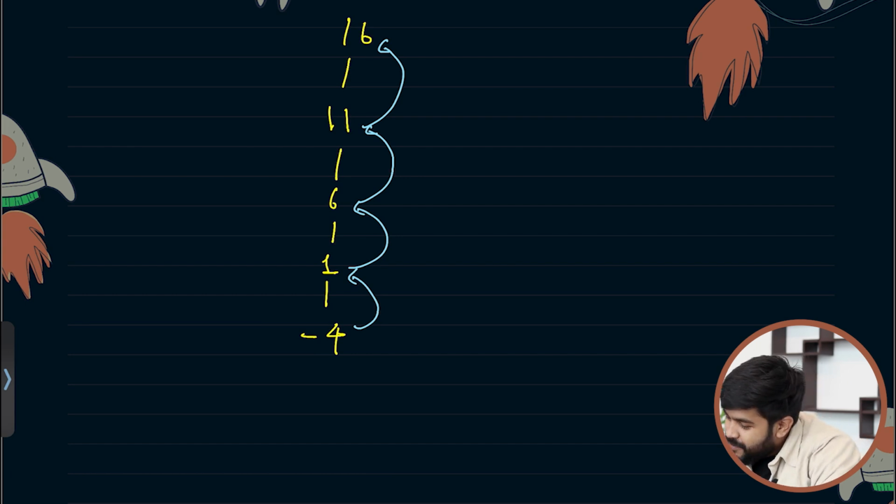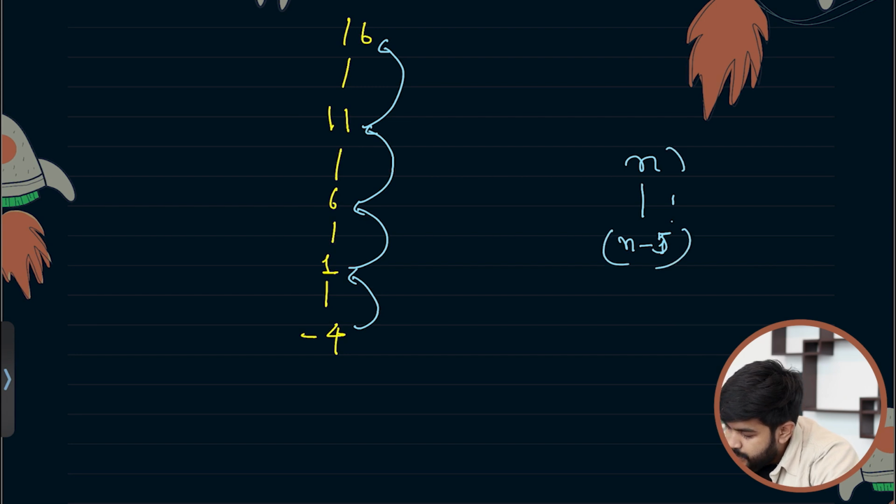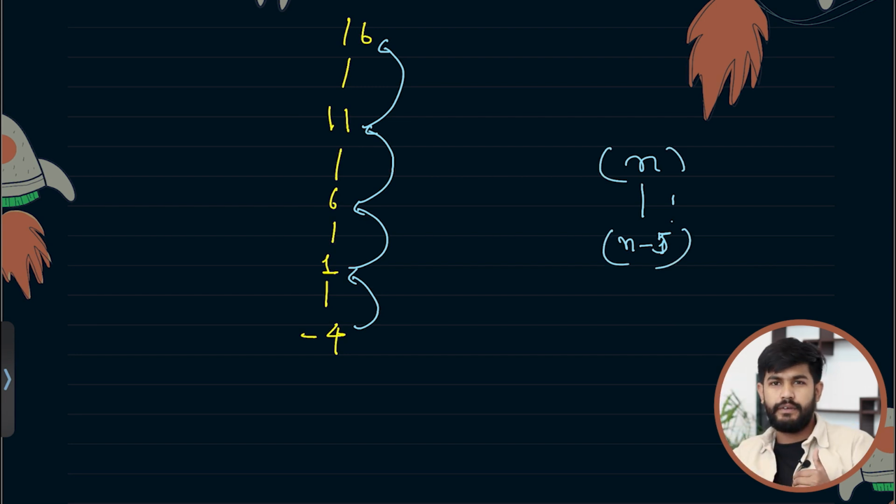So we have a number n, and we would call for n minus 5. This could be understood from the recursion as the state.